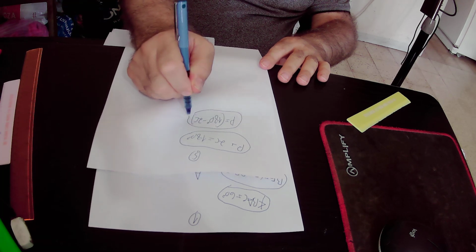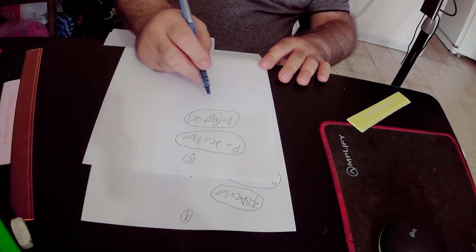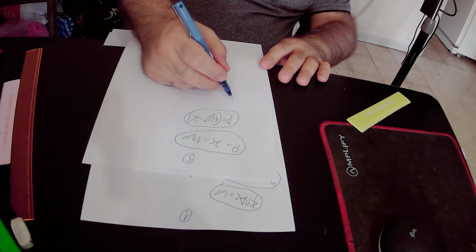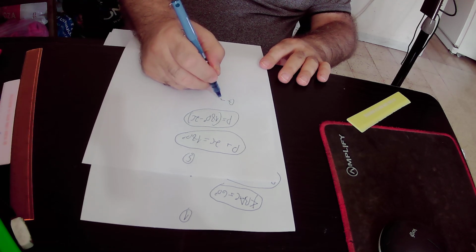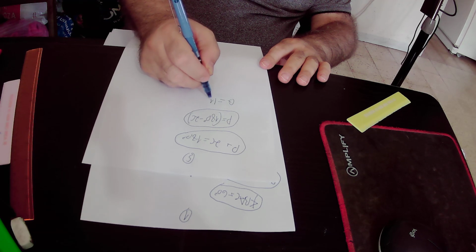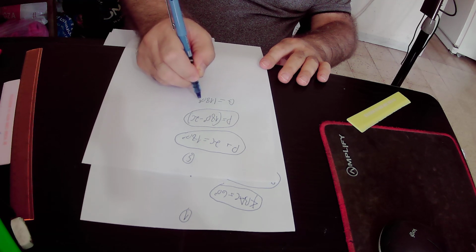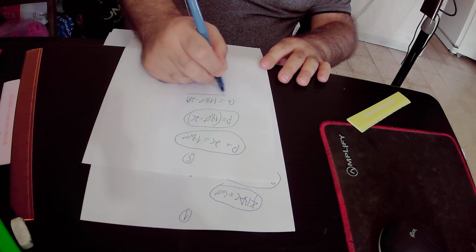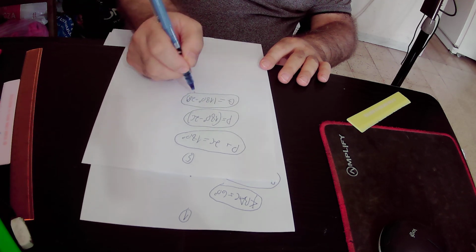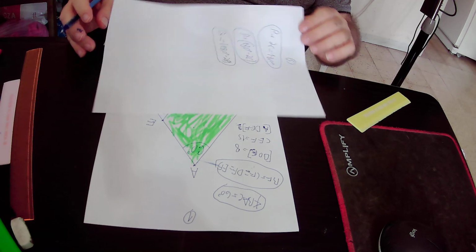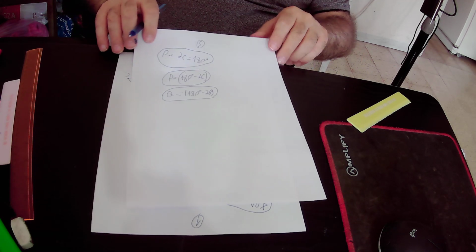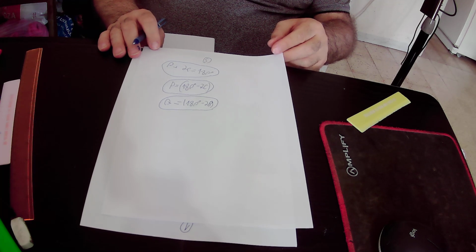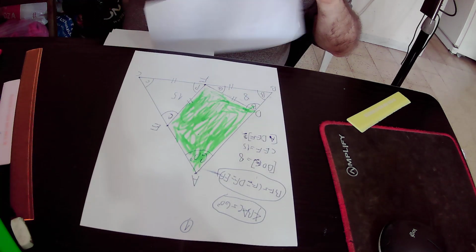So P equals 180 degrees minus 2C, and we have already found out that Q equals 180 degrees minus 2B. So in the next step we will add together P and Q, and we will create equation number 2.